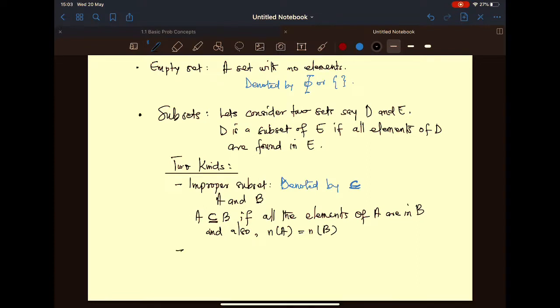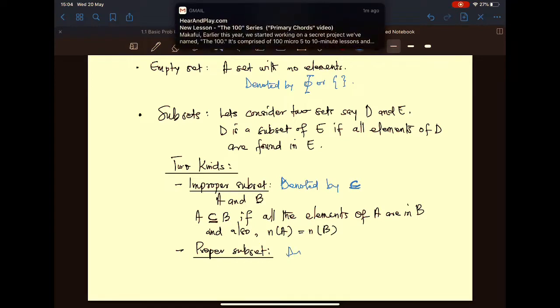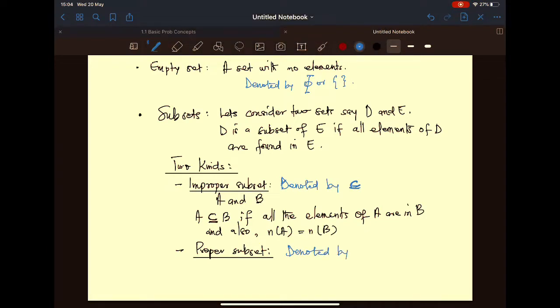Now we have the second one being the proper subset. The proper subset is denoted by our symbol here.